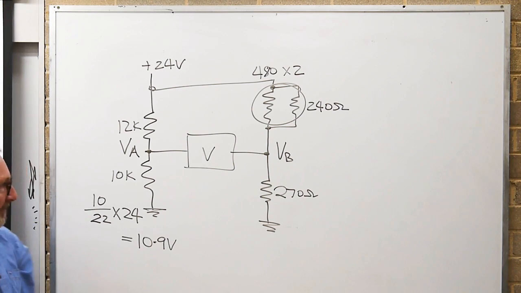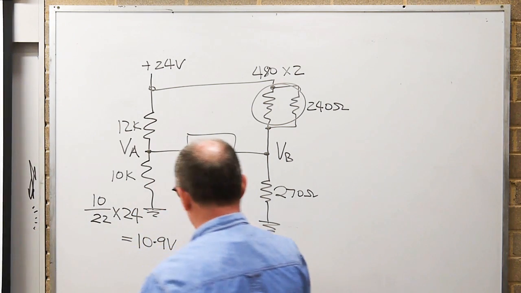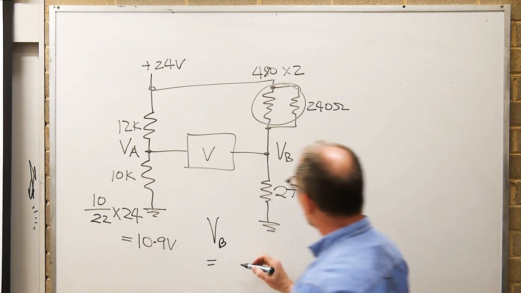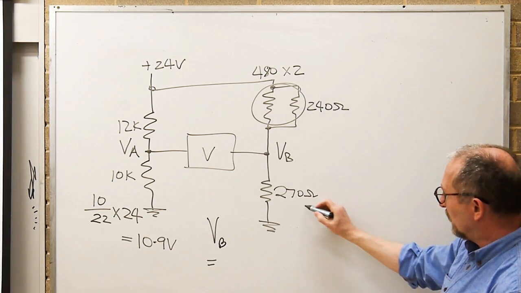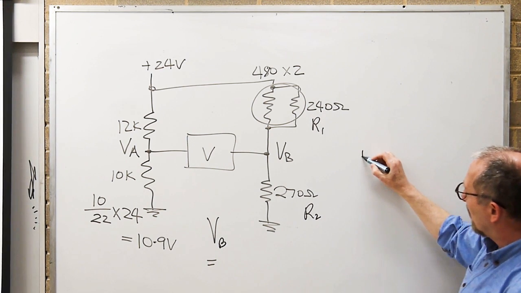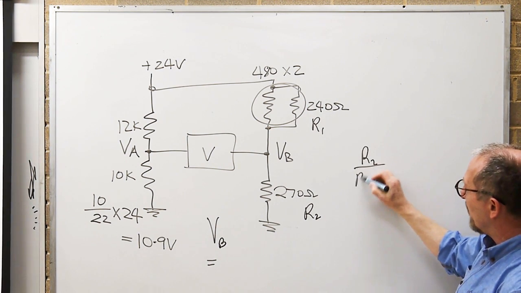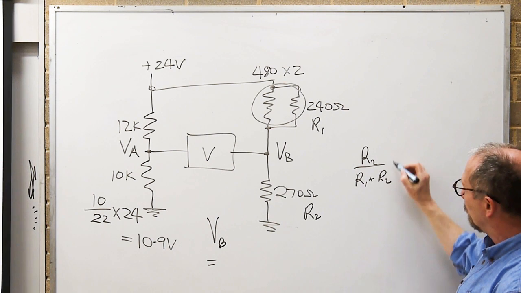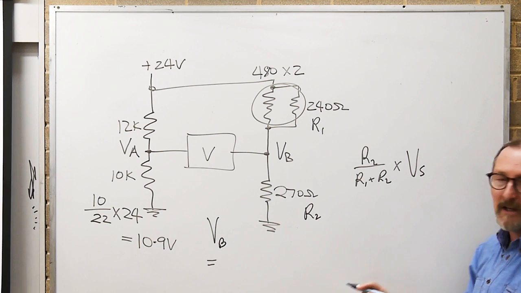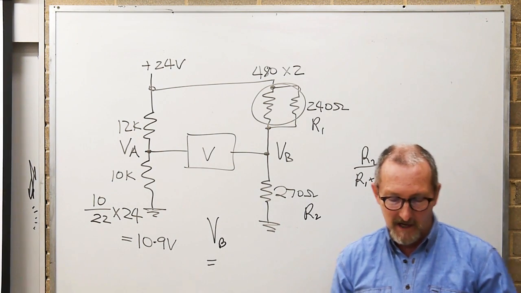For voltage B, VB, how do we do that? Think about it. R2, R1, R2 divided by R1 plus R2 times VS. Very good. You love voltage dividers, James, I know that.